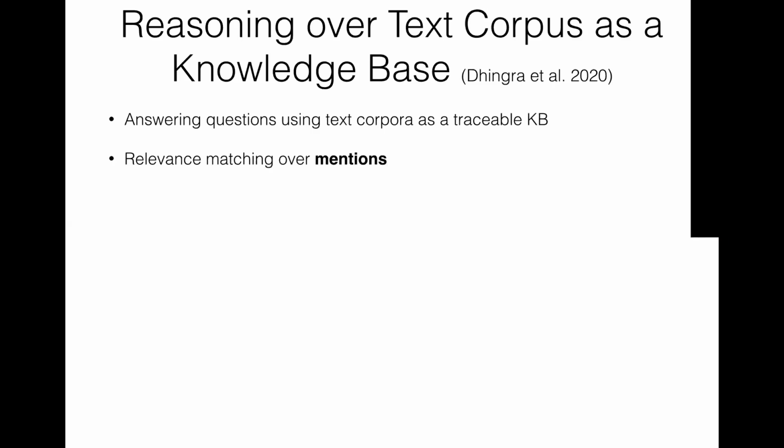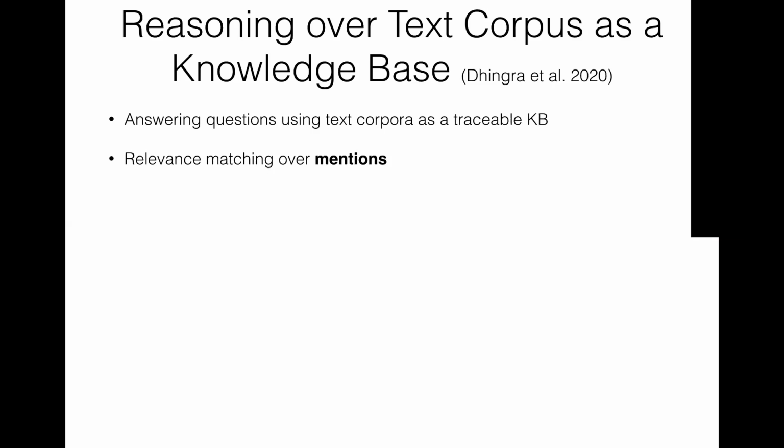The core challenge of treating text corpora as a knowledge base is that while a knowledge base has always operated over entities, text only contains mentions of entities. So there's this distinction of entities and mentions, where the Barack Obama entity can be expressed in different ways: Barack, or Obama, or Barack Hussein Obama II.